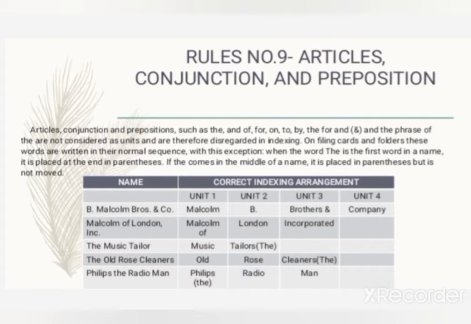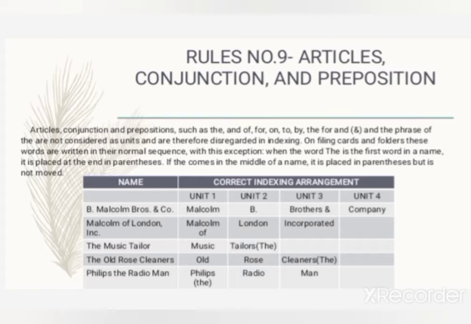Next is rule number 9, articles, conjunctions, and prepositions. Articles, conjunctions, and prepositions such as and, of, or, to, by, the, for, and the like are not considered units, therefore they are disregarded in indexing.